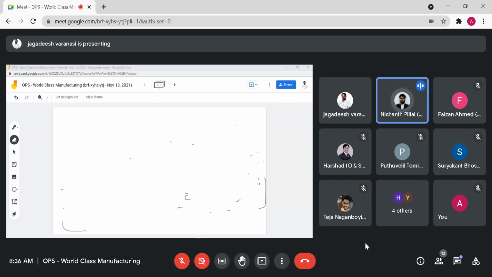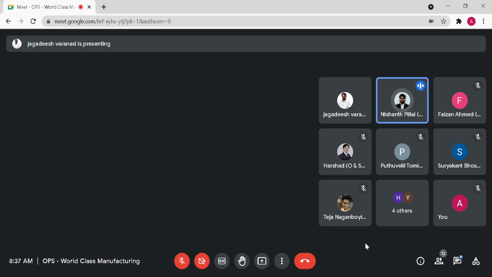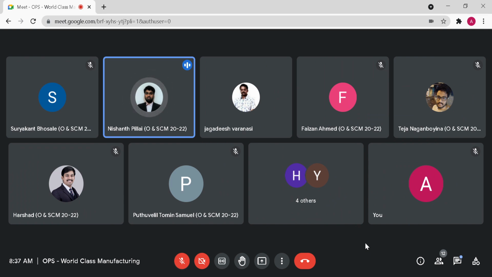Sir, first we will think about what type of automobiles we have to manufacture, like two-wheelers, passenger cars, vans or trucks.